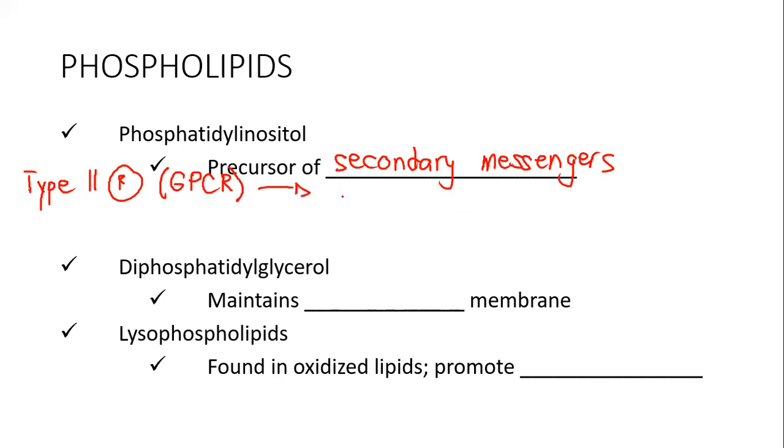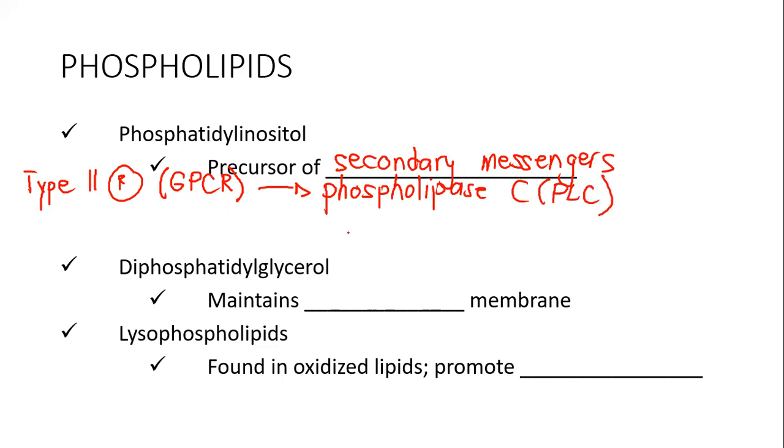So class, when a certain ligand such as drug activates the type 2 receptor or G protein coupled receptor, okay, it activates or the receptor activates the enzyme phospholipase C. Okay, phospholipase C or PLC for short.